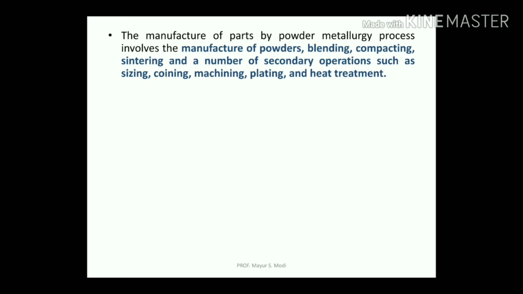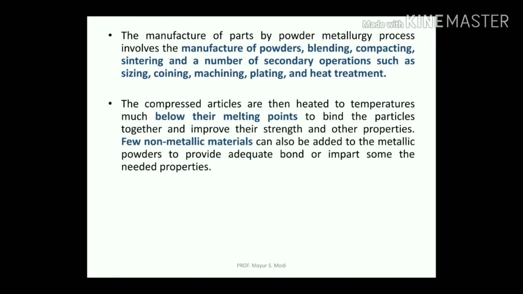The manufacturing of parts by the powder metallurgy process involves manufacture of the powder, blending, compacting, sintering and a number of secondary operations such as sizing, coining, machining, plating and various heat treatment processes. The compressed articles are then heated to a temperature much below their melting points to bind the particles together and improve the strength and other properties of the materials.